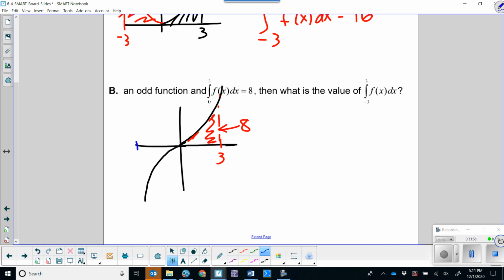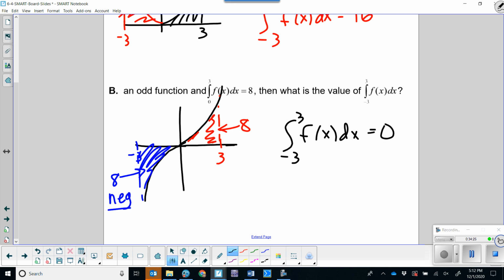If I'm going from -3 to 3, over here I'm going to get the same exact size region, but the difference is this is underneath. So this is going to be negative because it's underneath. You're going to have a negative portion and a positive portion that are exactly identical, which means the integral from -3 to 3 of f of x dx is going to be 0.